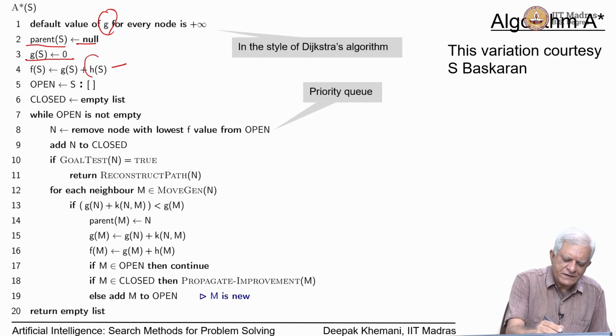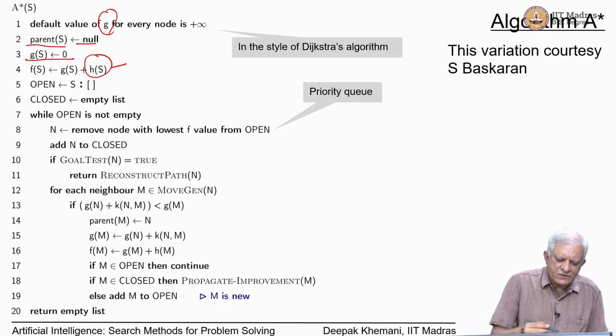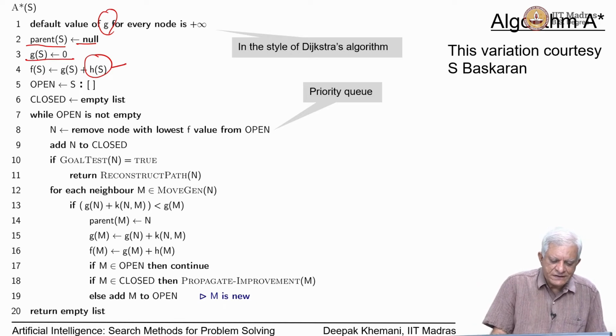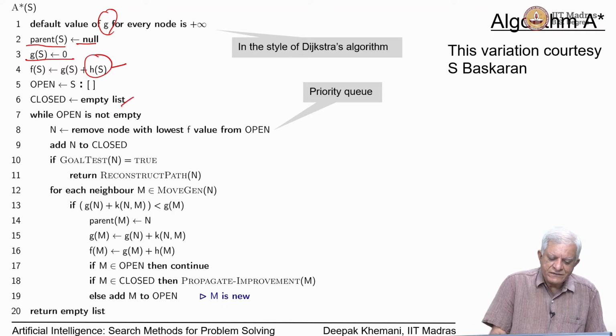Remember that h of s is a static function which somehow estimates the distance of any node to the goal node, and we put it into this open list. We initialize the closed list to empty, and while open is not empty, we do the same. This is very similar to the algorithms that we had studied earlier. We add n to closed after we have inspected it.